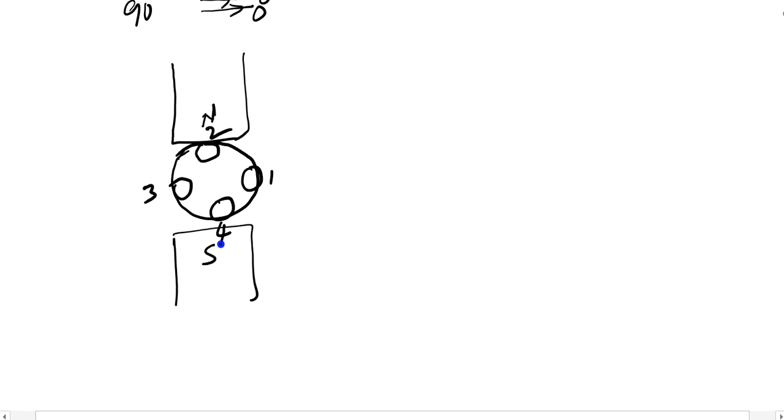Whenever there is current in a conductor, when it is at the north pole, the current goes into the conductor. If it is at the south pole, the current comes out of the conductor. You can show that direction according to Fleming's right hand thumb rule.